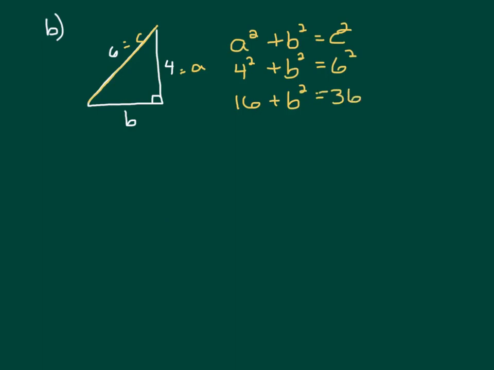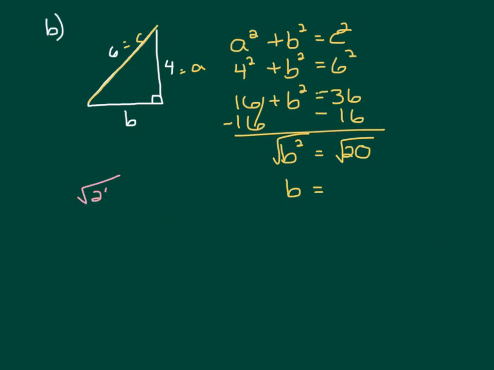So I want to find b squared, so I'm going to get the b squared by itself. So subtract 16 from both sides, which gives me b squared equals 36 minus 16 is 20. And then remember, I want to know b, not b squared, so I'm going to take the square root of both sides, and then I can simplify the square root of 20. That's going to be 4 times 5, so that's 2 square roots of 5.